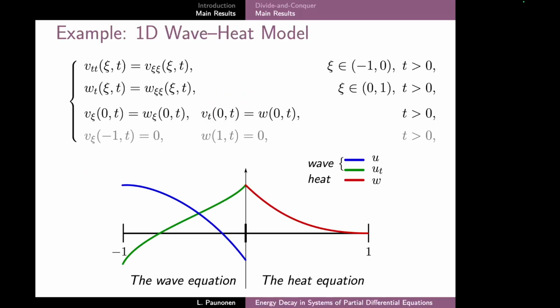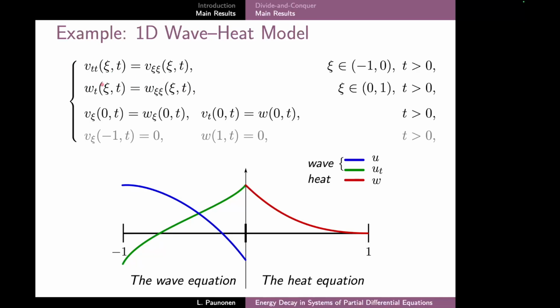To illustrate the use of our results, let's consider quite a simple coupled PDE system, a so-called wave heat system consisting of two one-dimensional PDE models, a wave equation on the first line.